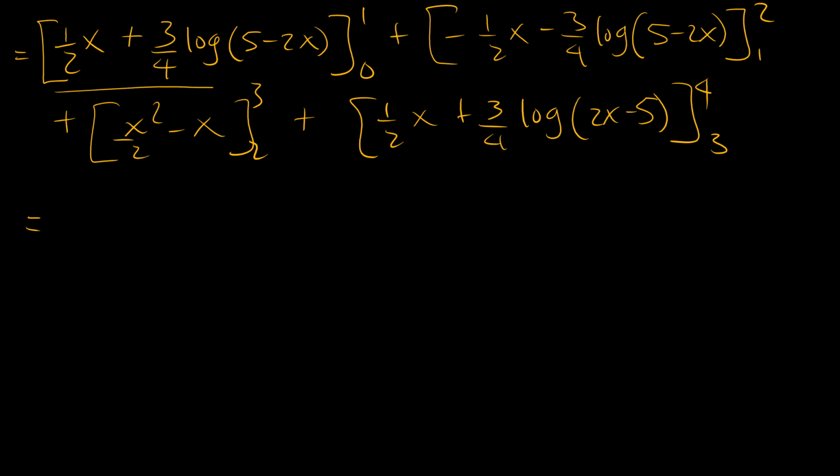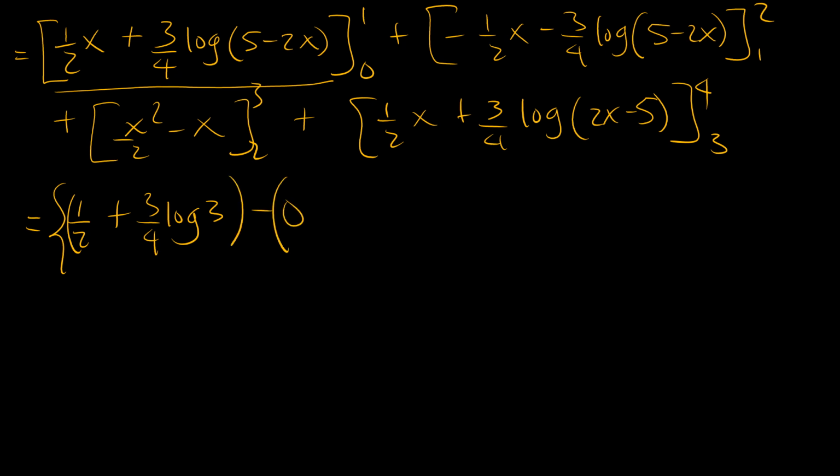So looking at that part there, we get upper limit a half plus 3 over 4 natural logarithm of 5 minus 2, which is 3, minus 0 half plus 3 over 4 log of 5 minus 0, which is 5.